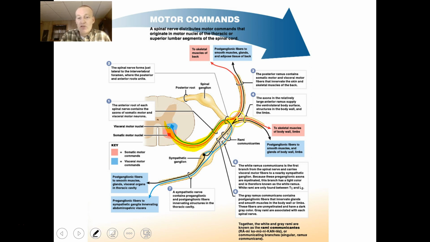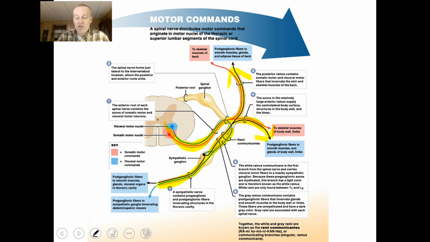They're going through the spinal nerve, and you can see that they're going through the posterior ramus, and they're also going through the anterior ramus, so servicing the front of the body and the back of the body. And you can also see that there is information going through the gray and white rami, going down and servicing the organs and commanding the organs to do their jobs.